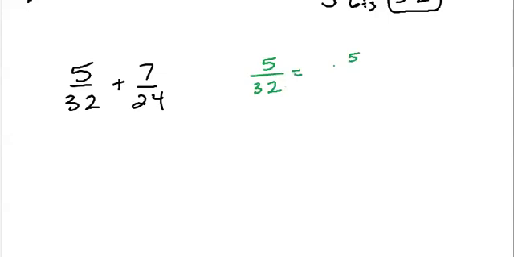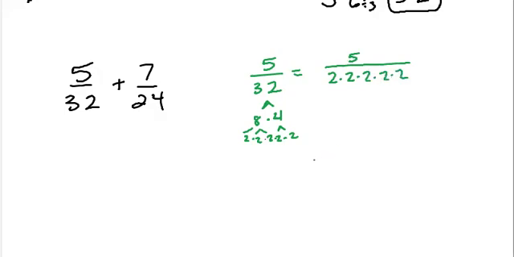I'm going to prime factorize 32. So 32 would be 8 times 4. 4 is 2 times 2. 8 is 2 times 2 times 2. So 2 to the 5th is what 32 is.